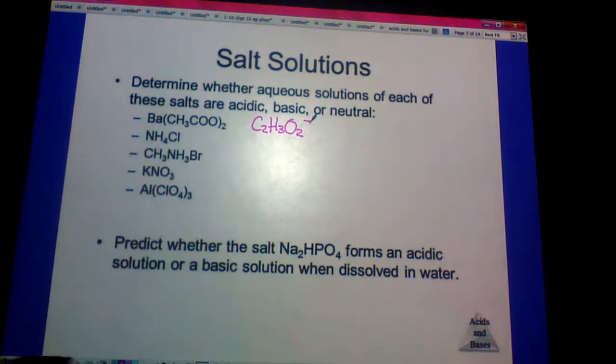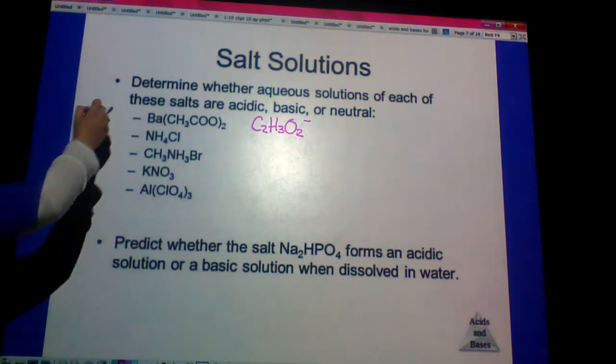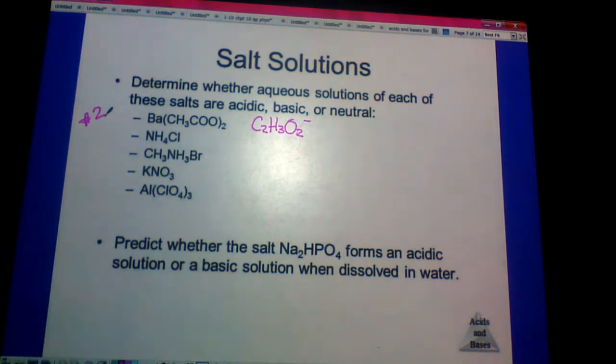We said in one of our rules before that the anion that is the conjugate base of a weak acid will increase the pH, thus making it more basic. So that's rule number 2: an anion that is the conjugate base of a weak acid will increase the pH, which makes it more basic.